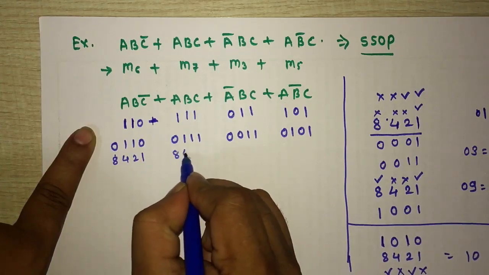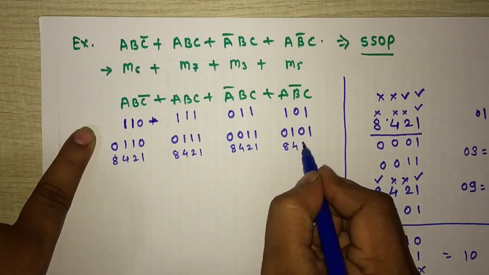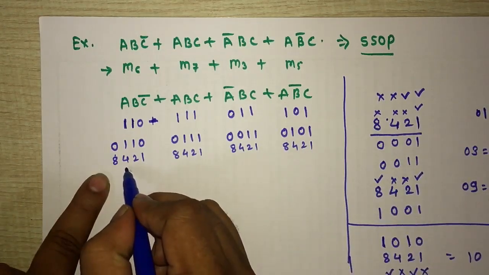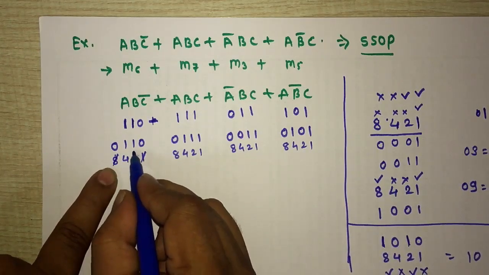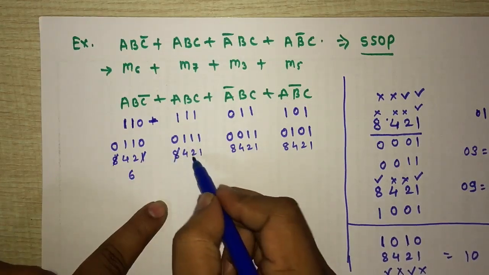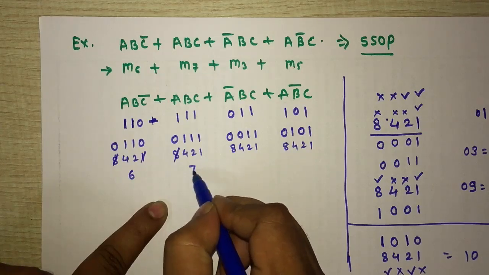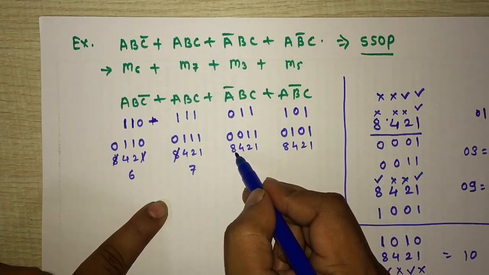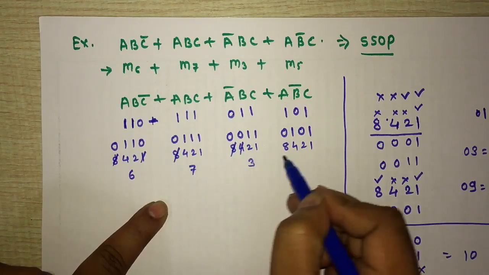So 8421 for each. Here 8 absent, 1 absent, 4 plus 2 is 6. Here 8 absent, 4 plus 2 plus 1 is 7. Here 8 absent, 4 absent, 2 plus 1 is 3.